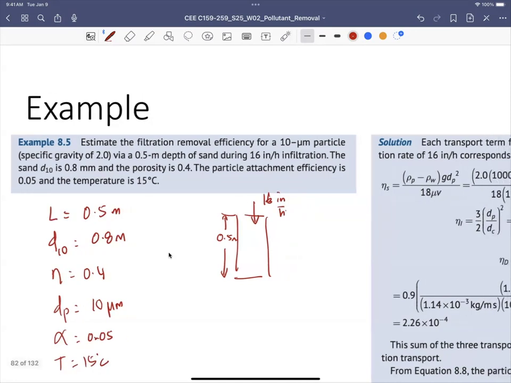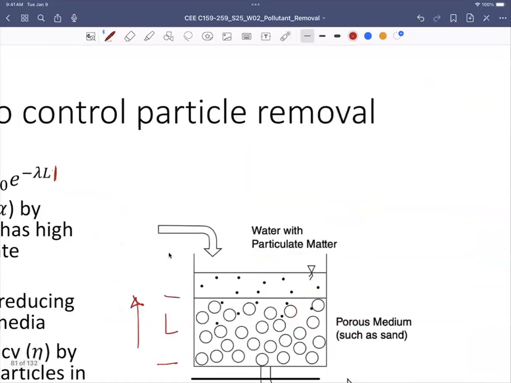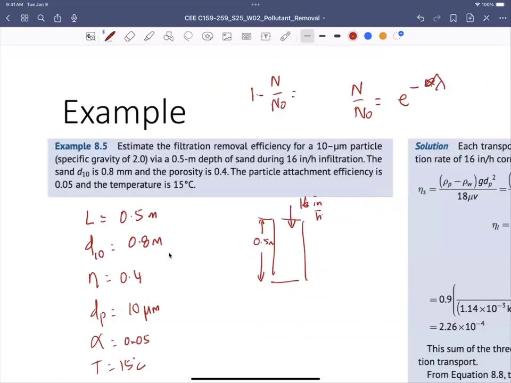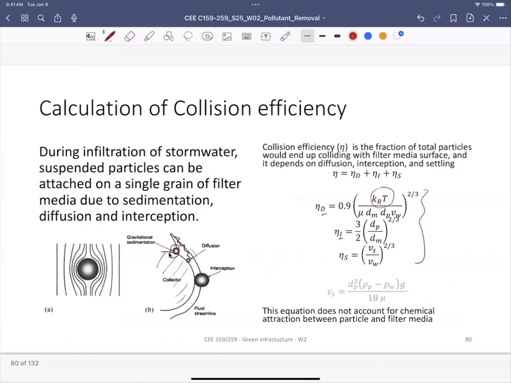So all these variables are given. That means you just have to first calculate the filter removal efficiency. That's basically the removal, N by N0, which is e to the power of minus lambda L. So now your goal is to calculate lambda, which depends on these variables.